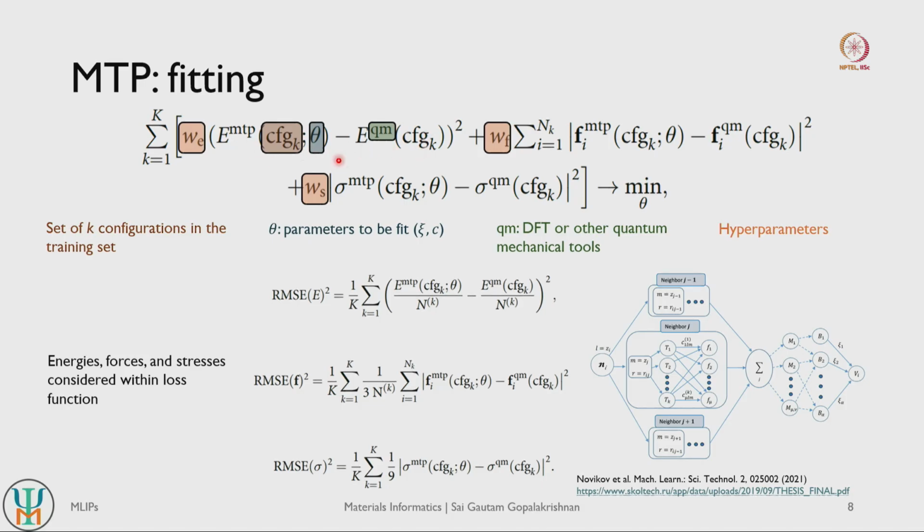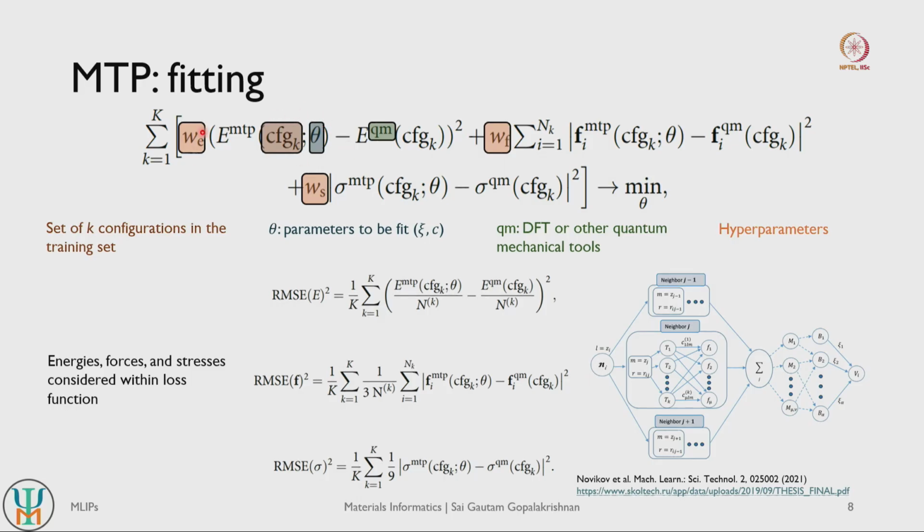You can minimize errors on energies, you can minimize errors on forces, right, and you can also minimize errors on stresses, or you can minimize errors on all of them with some associated weights, right. So these W terms are basically hyperparameters that we can choose to decide whether energies are more important or forces are more important or stresses are more important, right.